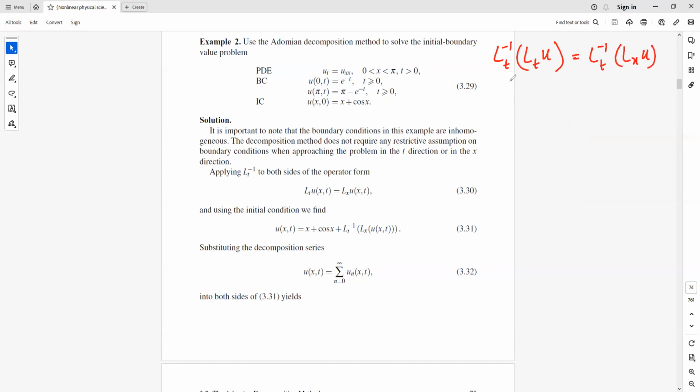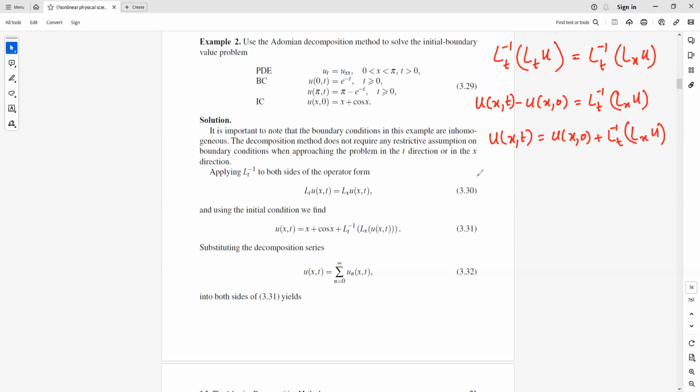Now this L_t inverse L_t u means u of x,t minus u of x,0 equals L_t inverse L_xx u. And simplifying this expression will give us u of x,t equals u of x,0 plus the operator.